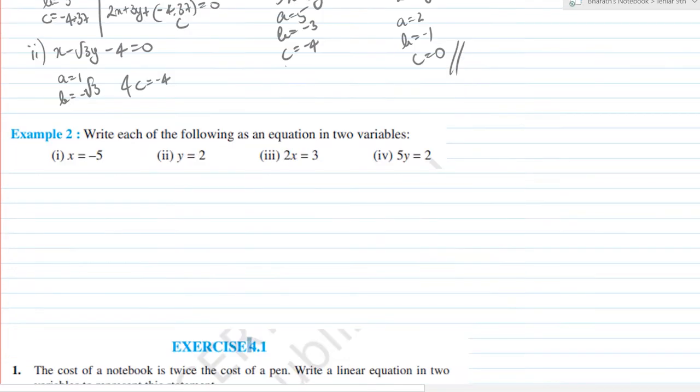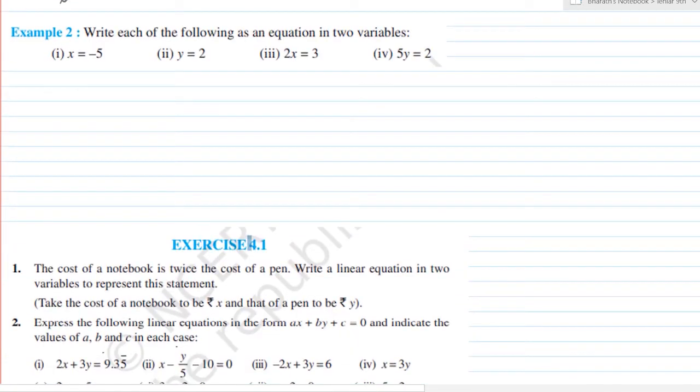Done. Now write each of the following as an equation in two variables. See, an equation in two variables means there should be an x and y, or any two unknown values, or variables. So here in the first question, x is equal to minus 5, right?